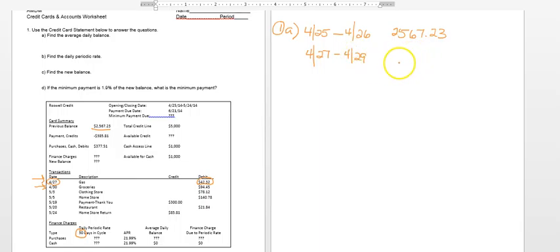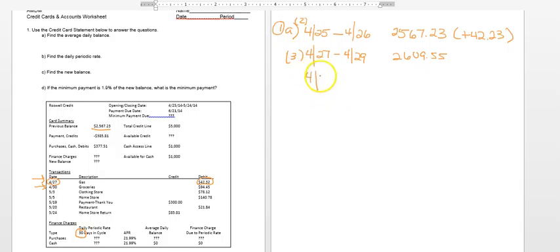So I add the $42.32 to that balance, giving me a new balance of $2,609.55. That accounts, the first one from 4/25 to 4/26, for 2 days. 4/27, 4/28, 4/29, that's 3 days.